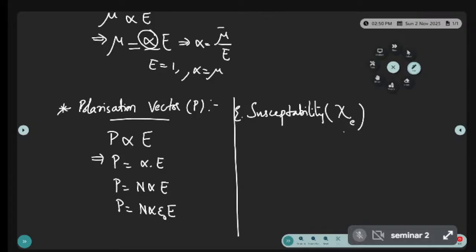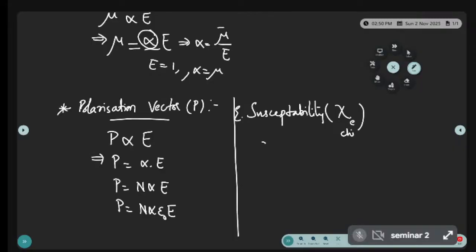The symbol is, pronounce it. How are you going to pronounce it? Chi, Kai, Psi, your wish. Chi.